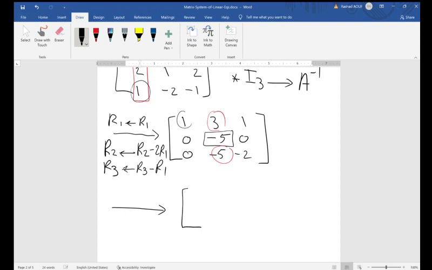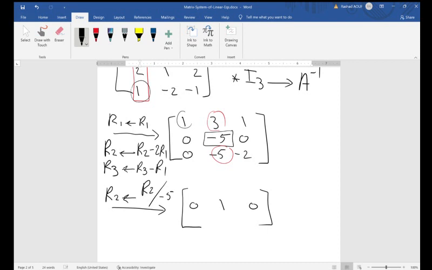I divide row 2 by minus 5, so I obtain 1 in here. The new row 2 must be old row 2 divided by minus 5. So it will be 0, 1, 0, the new row 2. All the next operations must be done with the new row 2, this one here.